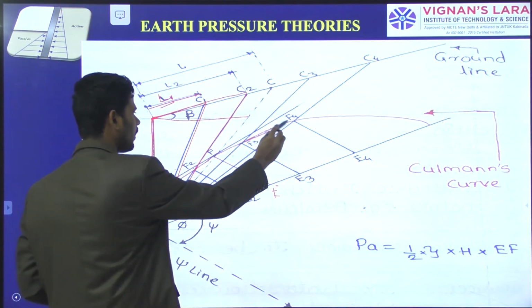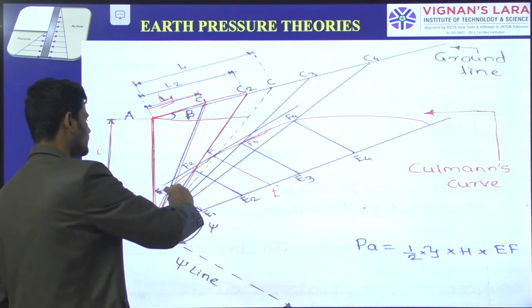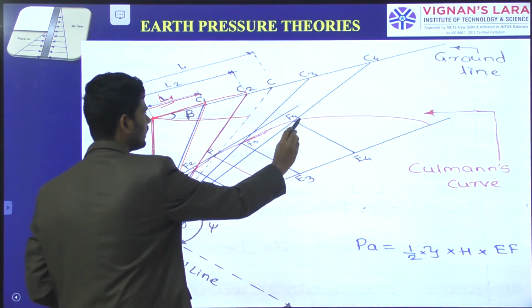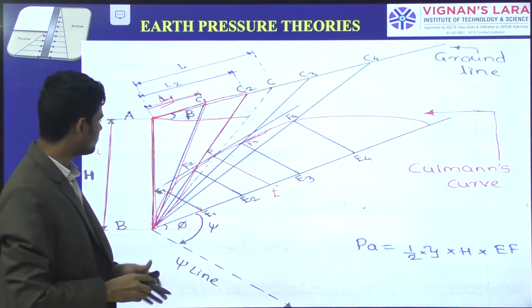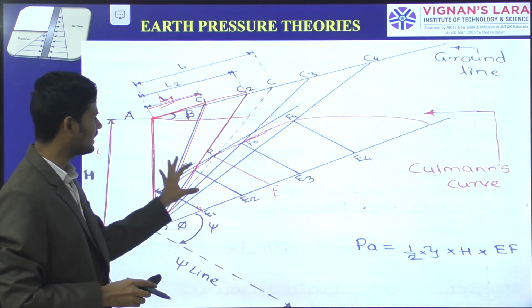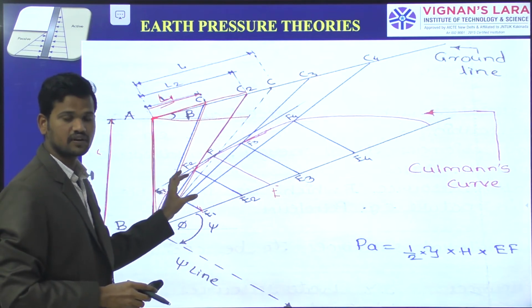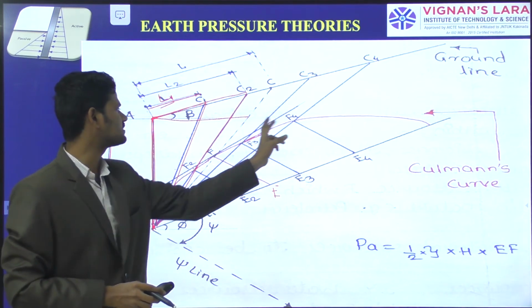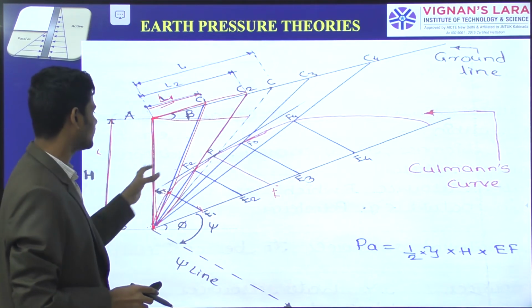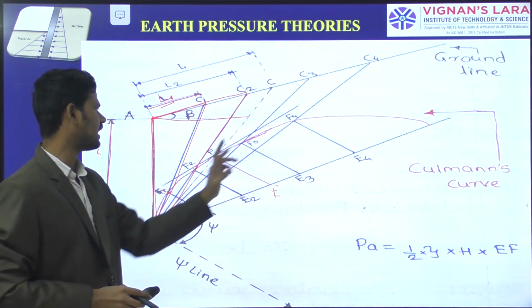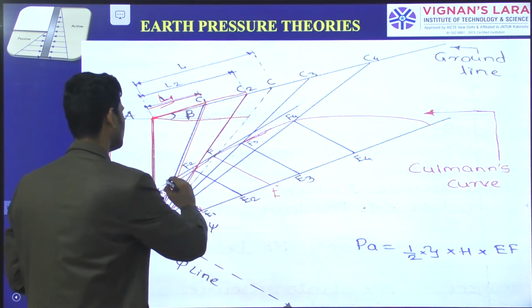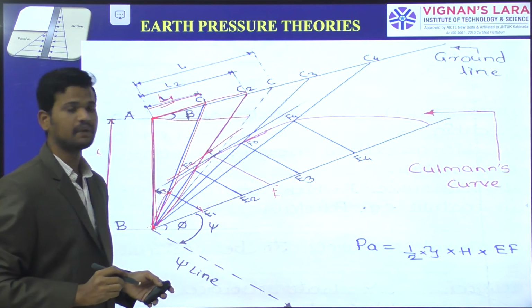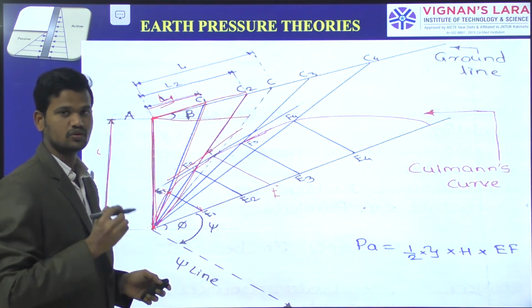Where these F points are there, from these points we are smoothly drawing a curve. Okay, for these corresponding points available here, we are smoothly drawing a curve touching these failure planes. After drawing the curve, we are drawing a tangent to that particular curve.